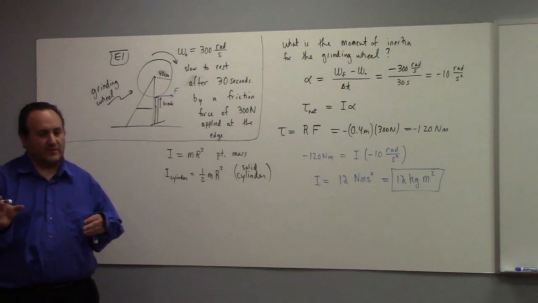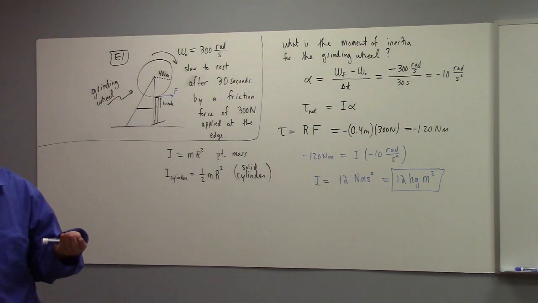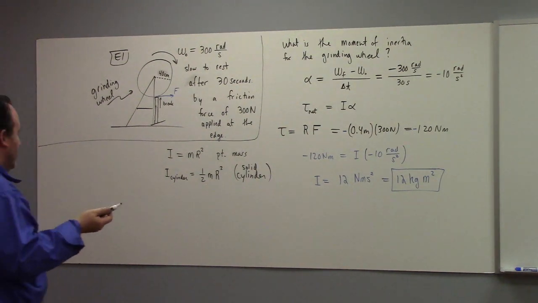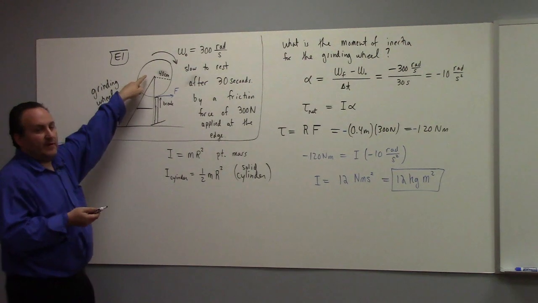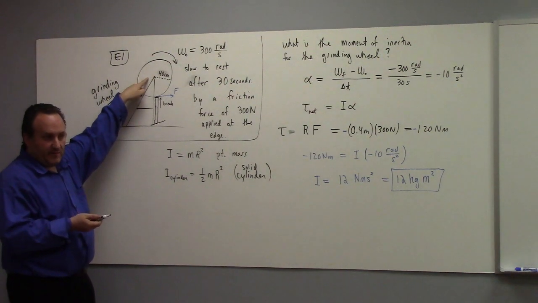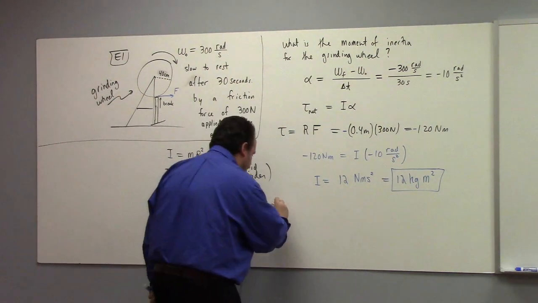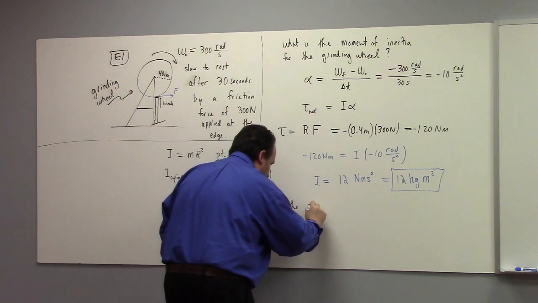But my larger point to you is that the units for moment of inertia should be kilograms times meters squared, all right? Does this make sense? I hope. Here's another question. If the grinding wheel is actually a cylinder, right, what's its mass? Can you guys tell me?